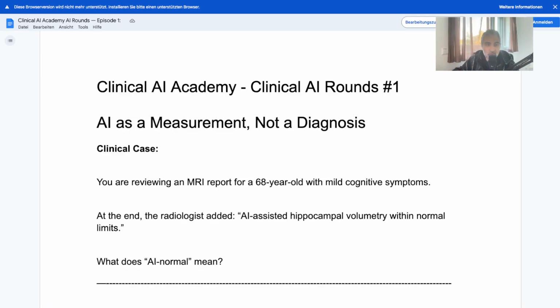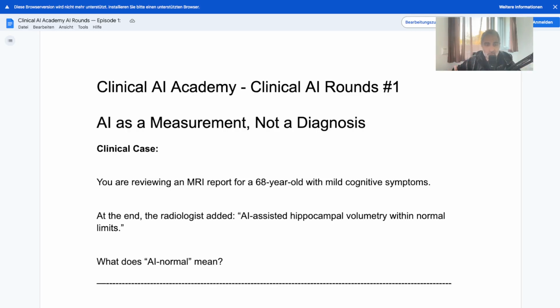So AI-derived volumetry is, first of all, a measurement. It's not a conclusion, it's not a diagnosis. It is a measurement done using algorithms that gives you a number.